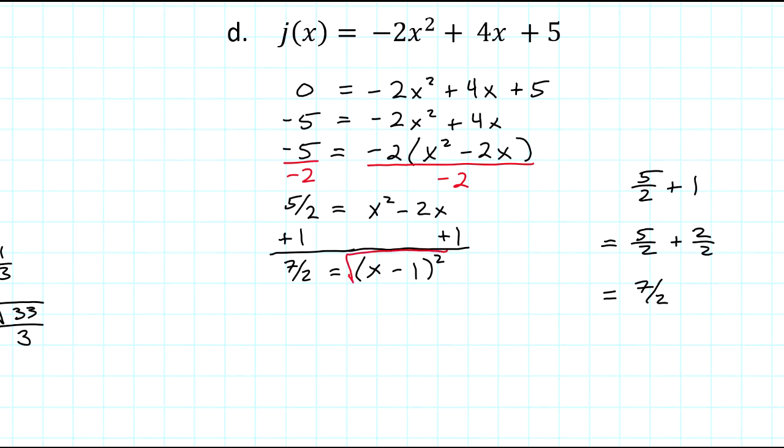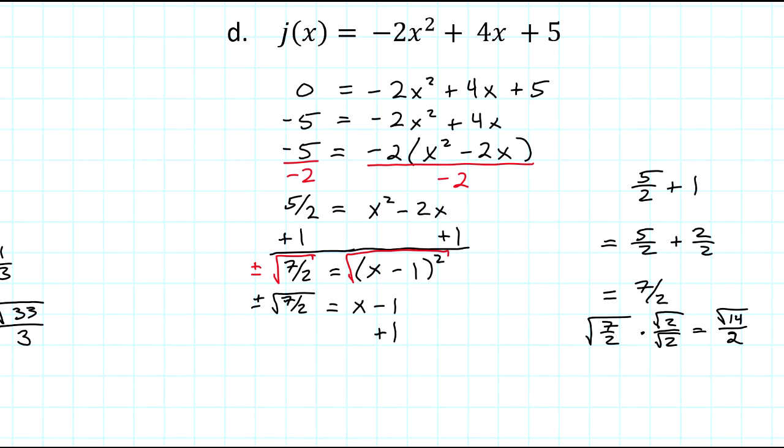And we can now take the square root of both sides, not forgetting the plus or minus. So I've got plus or minus the square root of 7 over 2 equals x minus 1. And while I'm thinking about it, let's take that square root of 7 over 2, multiply top and bottom by the square root of 2 in order to rationalize this to get the square root of 14 over 2.